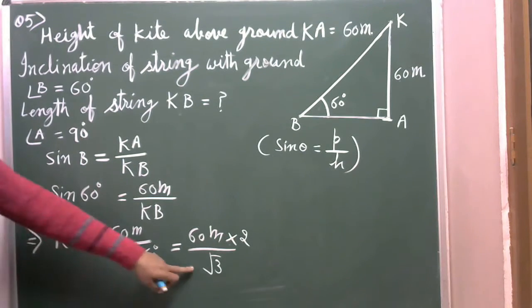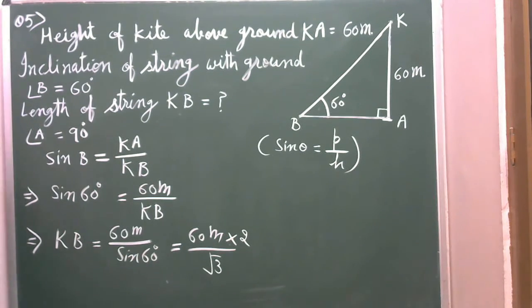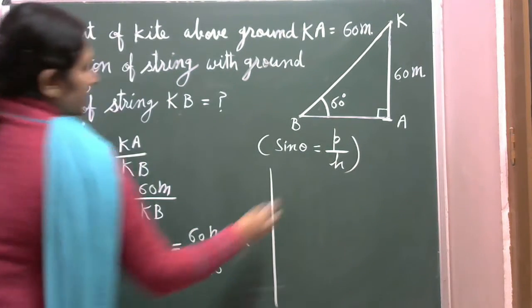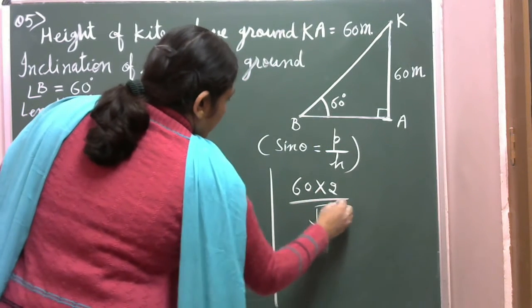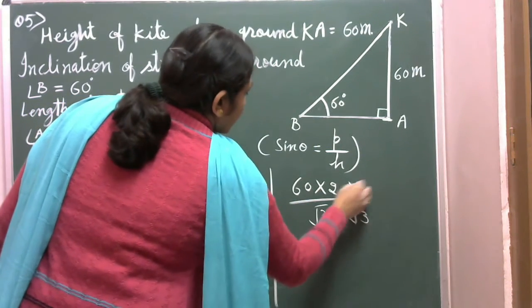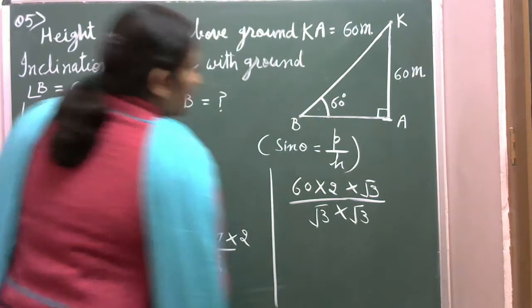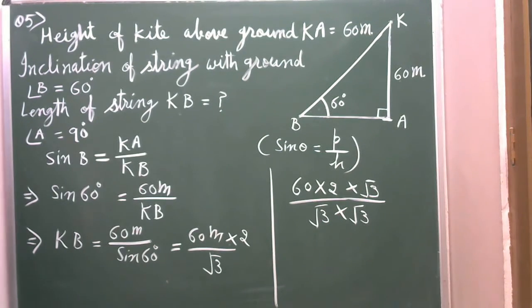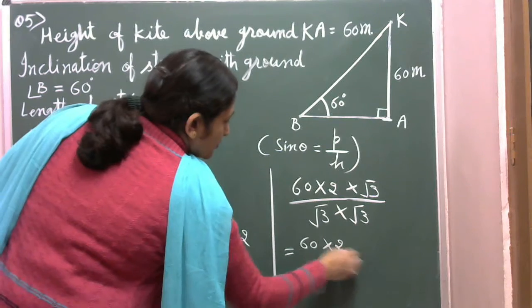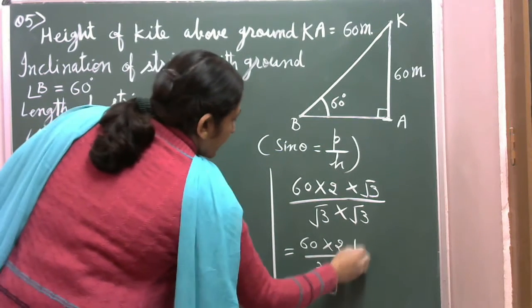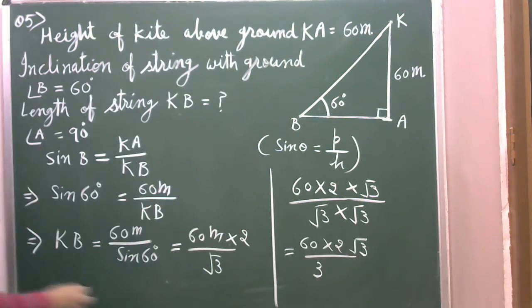Now again in the denominator it is under root 3. So we have to rationalize this. 60 into 2 over under root 3 multiply by under root 3 and divide by under root 3. So it will become 60 into 2 over 3 under root 3.